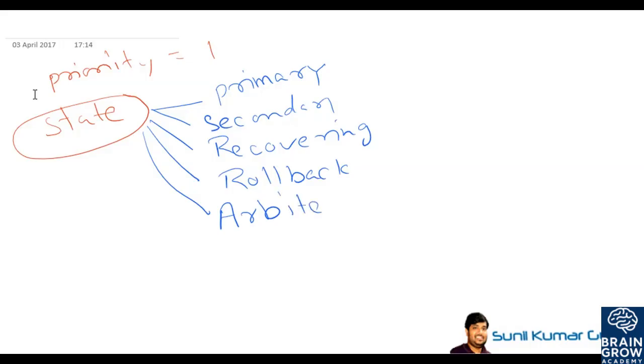So to be eligible for voting, a member should have priority 1, and it should be in any of these states. If it is not in one of these states with priority 1, it cannot vote. So keep this in mind.